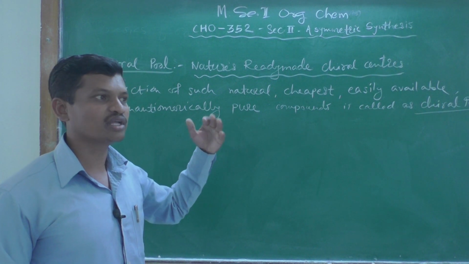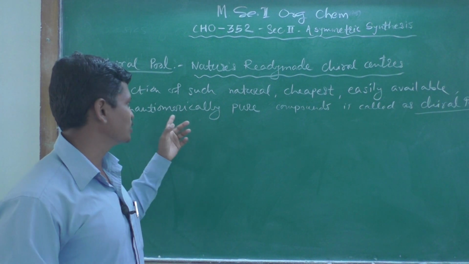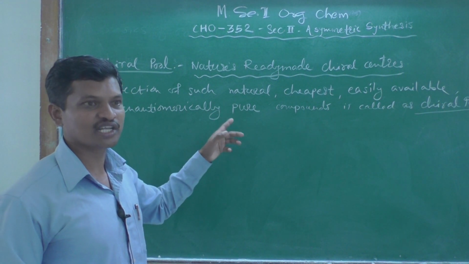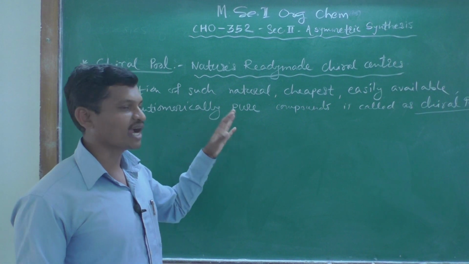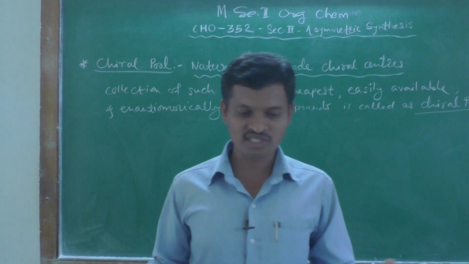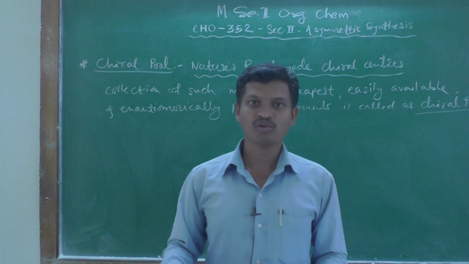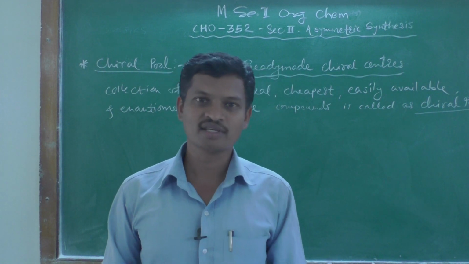So no other enantiomer of those compounds is present. Okay, so they are 100% enantiomerically pure compounds, and such a collection or group of molecules is known as chiral pool.